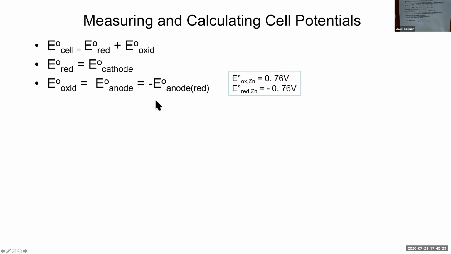For example, the oxidation potential of zinc is 0.76, and the reduction potential for zinc is minus 0.76. In the last example, we had zinc and the standard hydrogen electrode, SHE. We said the oxidation potential is 0.76, but the reduction would be minus 0.76.